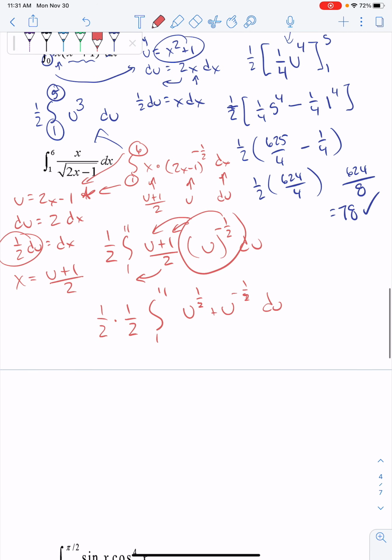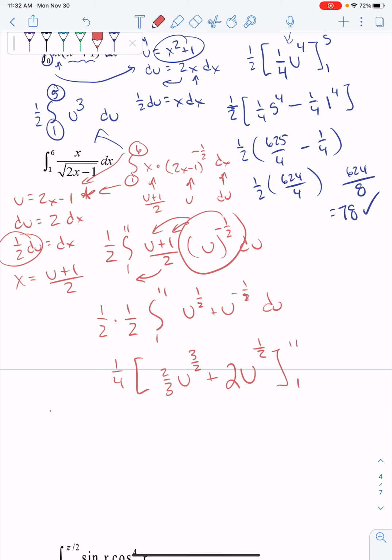Now I can just integrate. So this is 1/4, and then u to the 3/2 becomes 2/3 u to the 3/2, plus u to the 1/2 becomes 2 u to the 1/2. And I'm evaluating that from 1 to 11.